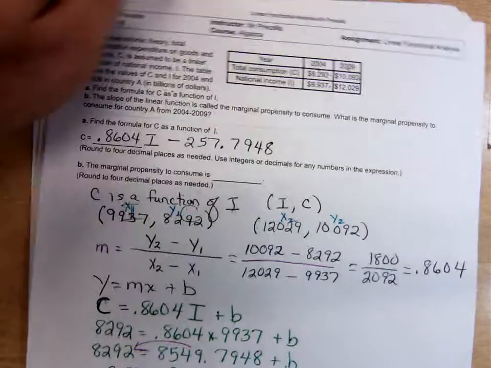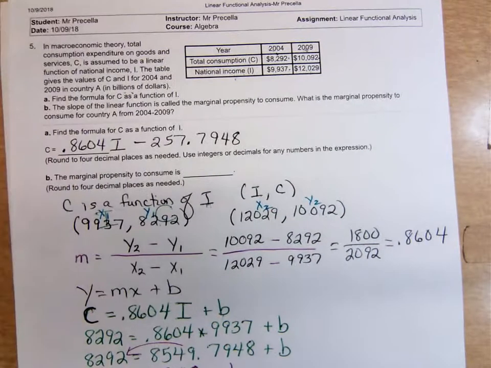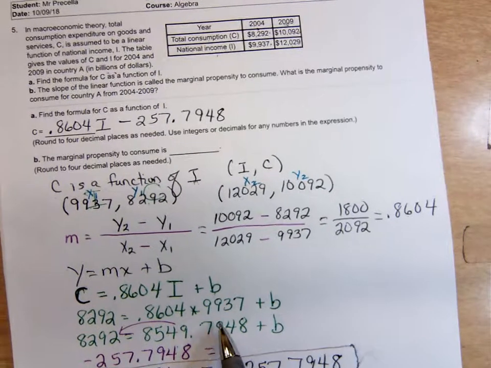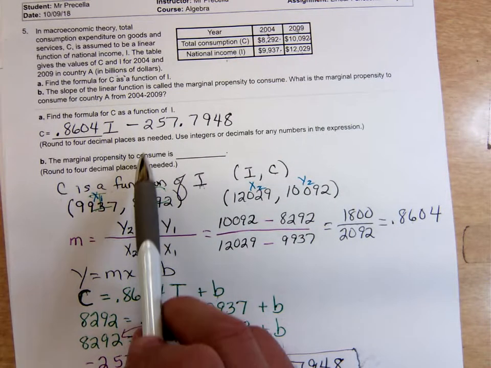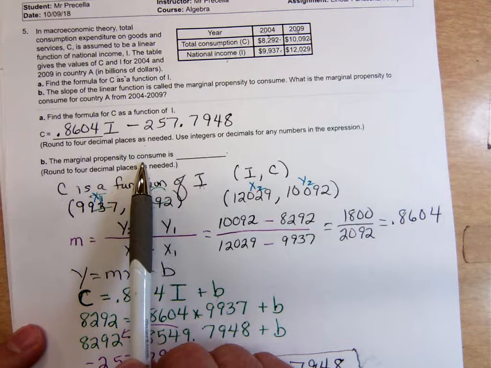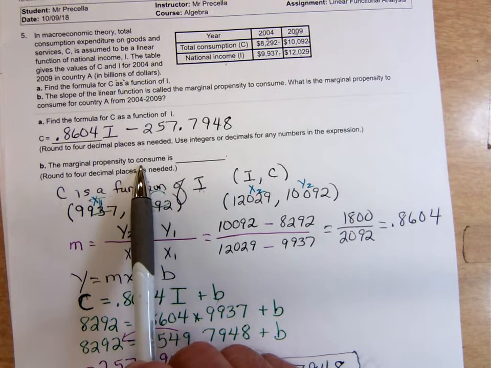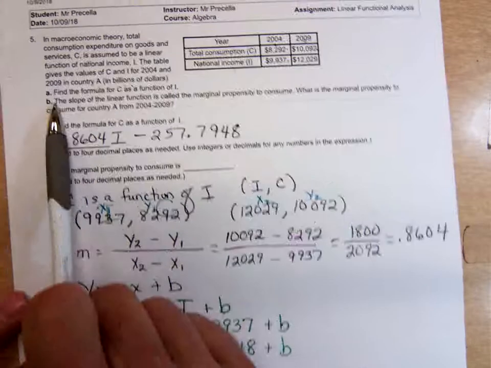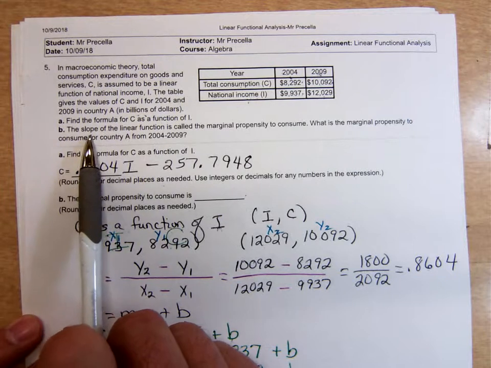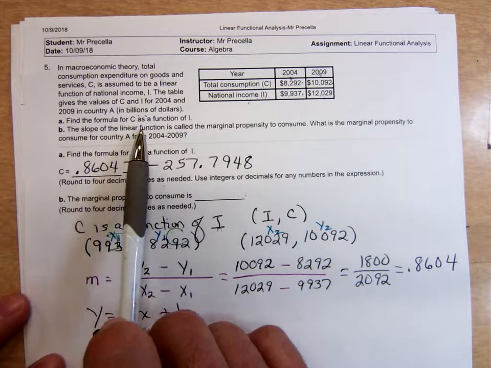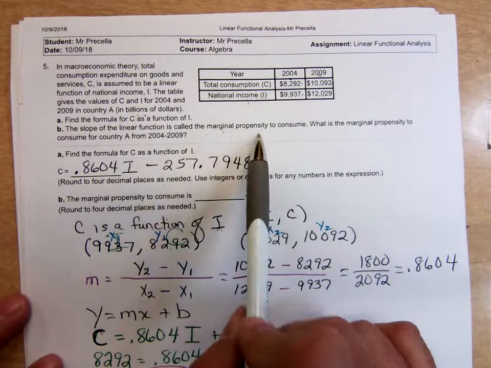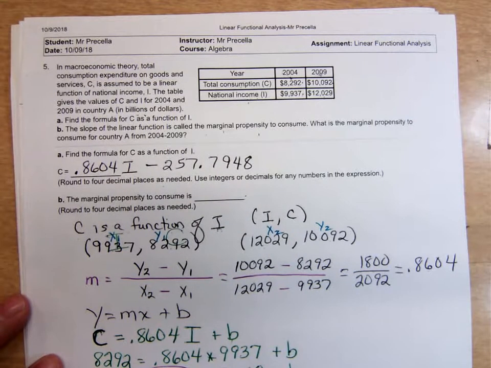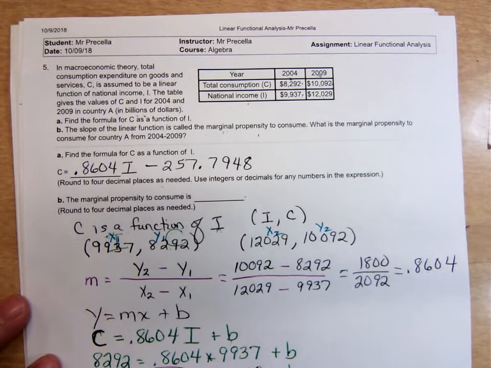Now, the next question, let's see. It's asked what's the marginal propensity to consume. You might be like, what the heck is that? Well, you got to read through the b up here. The slope of the linear function is called the marginal propensity to consume.